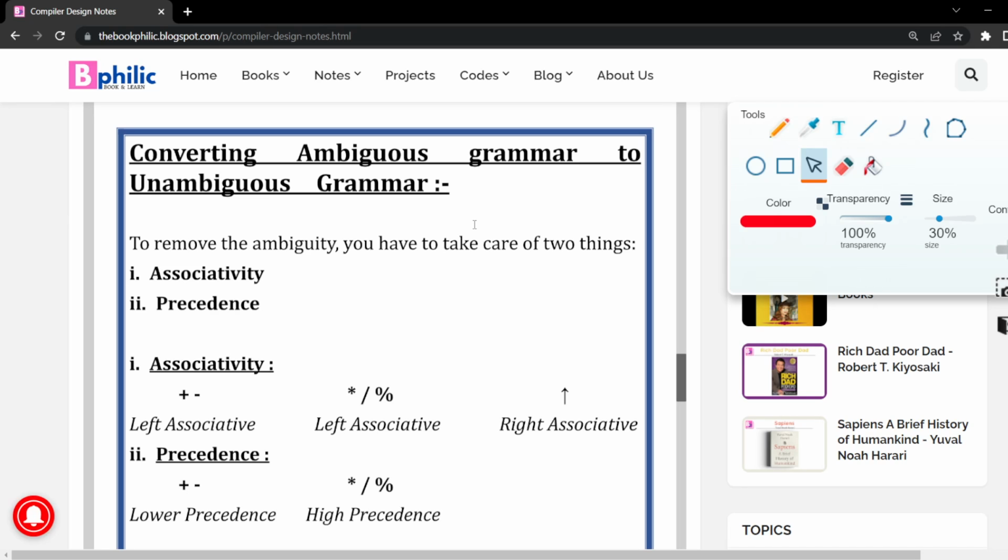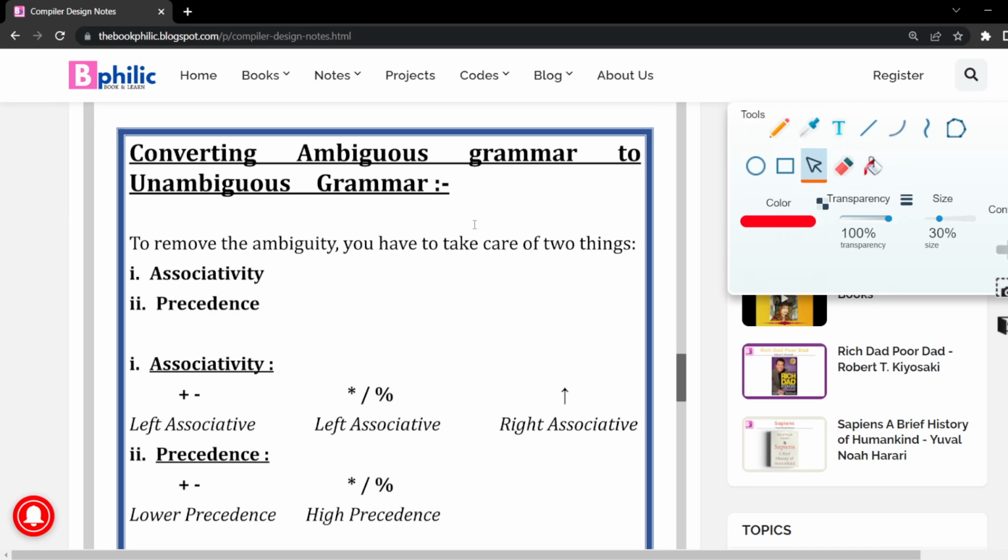You might have learned about the parser, the properties of a parser, the different types of parser, and we are discussing the top-down parser as well. So a parser will get confused if there is ambiguous grammar, because in ambiguous grammar there are two or more chances to generate the same syntax.